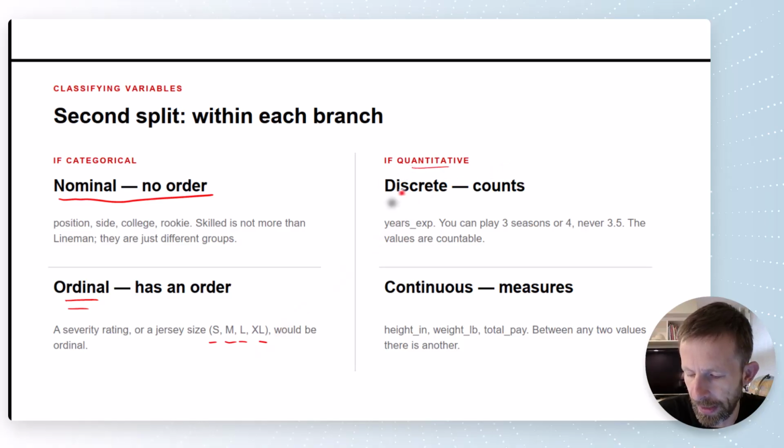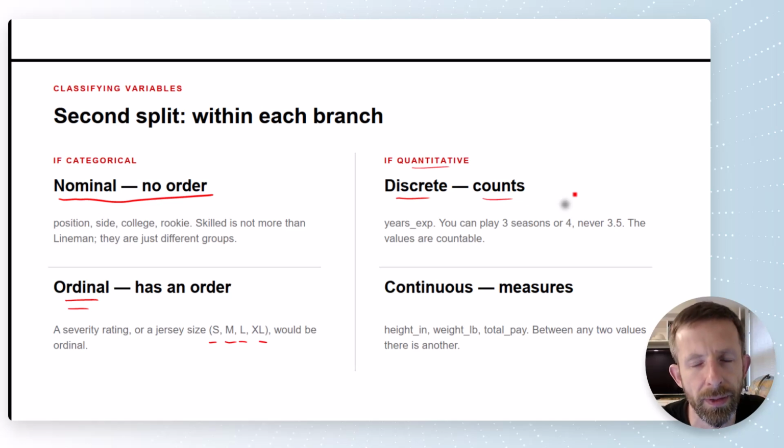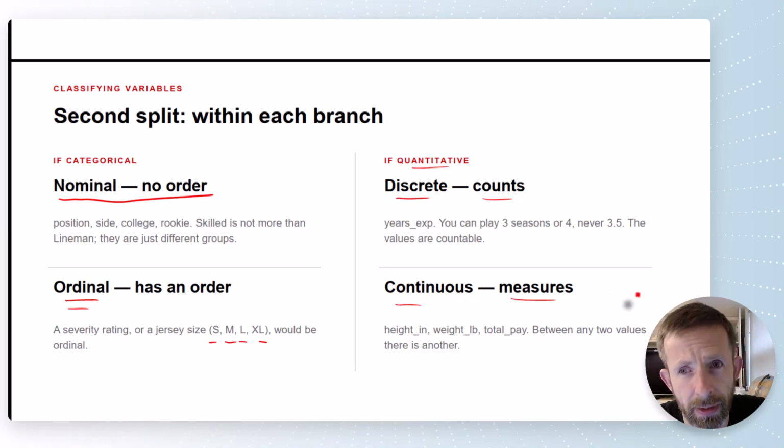For quantitative data, we have discrete, which means I count. So for example, number of siblings, 1, 2, 3, 4. You can't really have 2.5 siblings. On the other hand, continuous means I measure it. And between any two values, there is another. So for example, height, I can get as specific as possible, and I'm only limited by the instrument that I'm using to measure height.